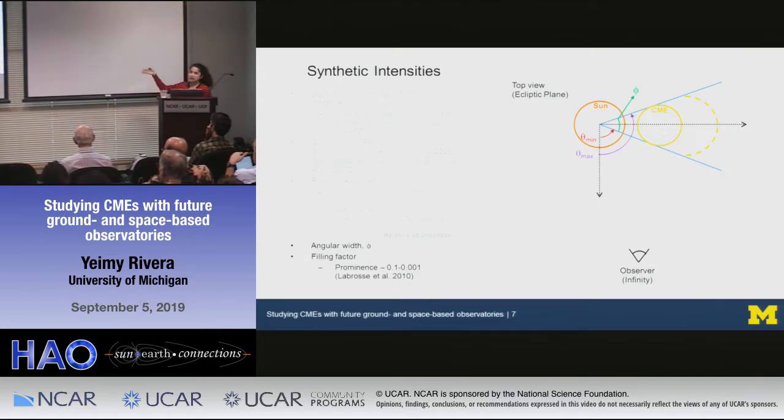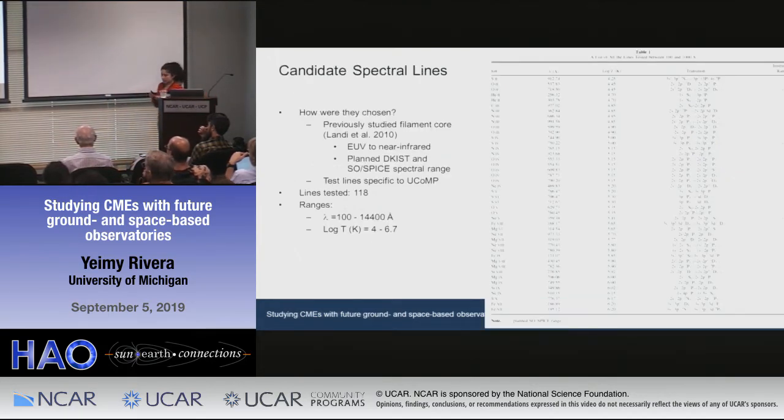But since it scales linearly with intensity, for the intensities that we calculate, if you wanted to use a different filling factor, you could just eyeball it because it would linearly scale. So it's very useful.